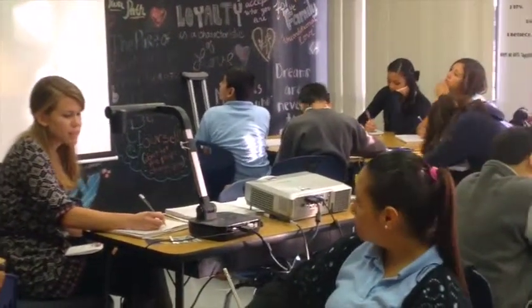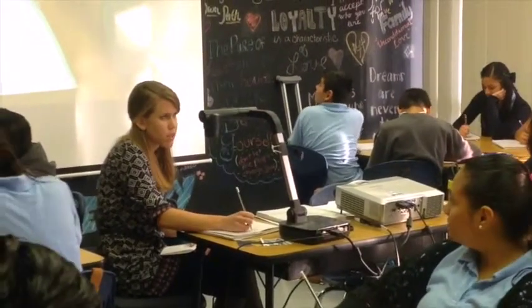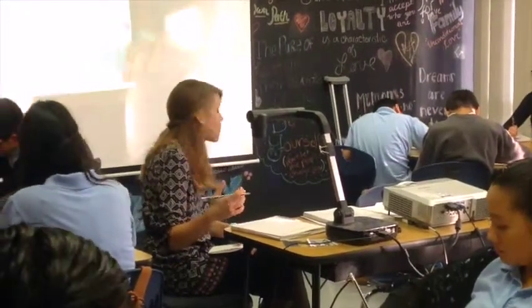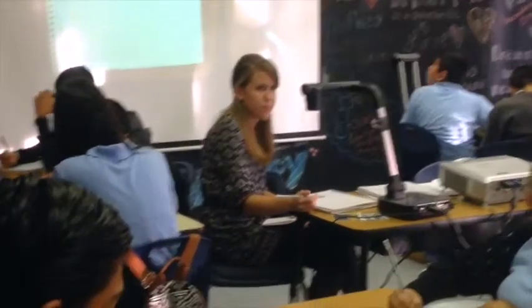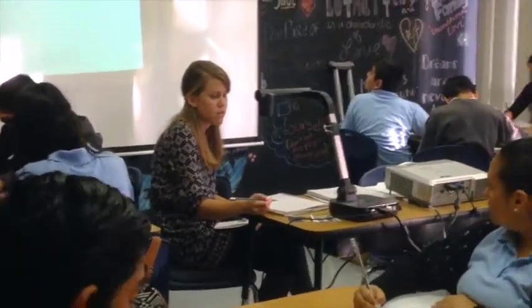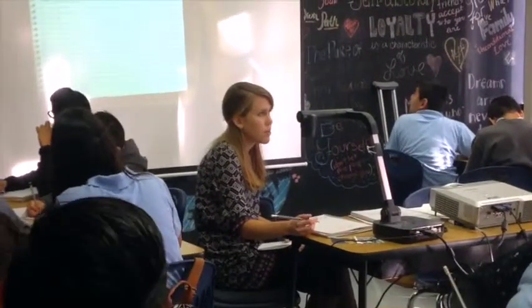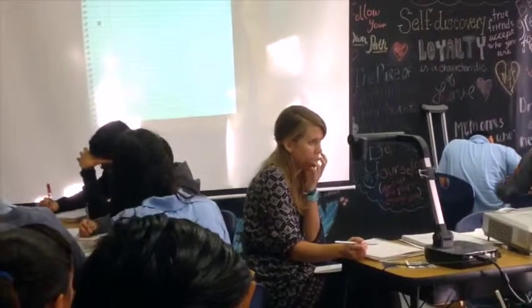So because we're asking about mood, we're looking for implicit details. So not things that you can actually see physically in the picture, but what you can assume about it. So talk amongst your group to look for implicit details about the mood.